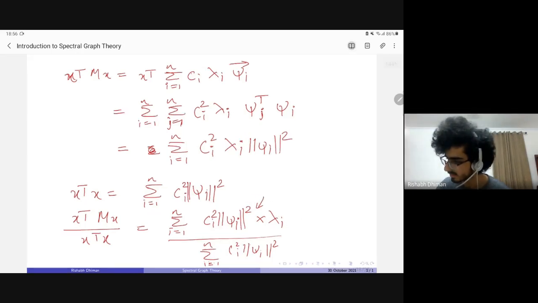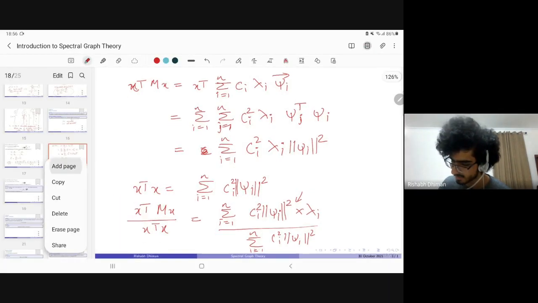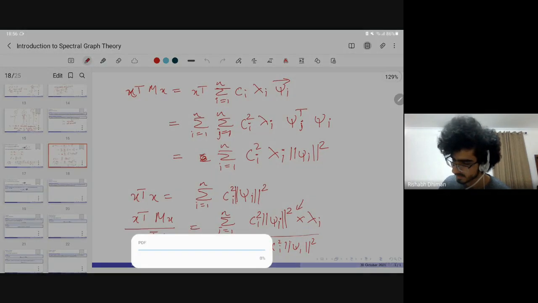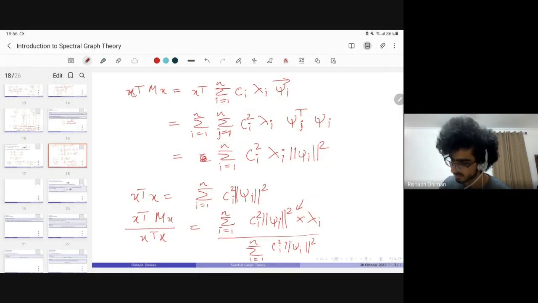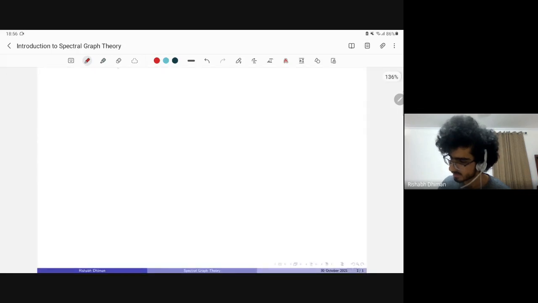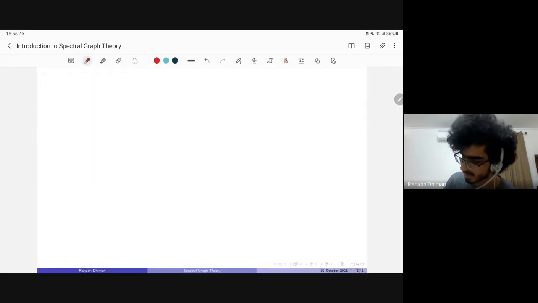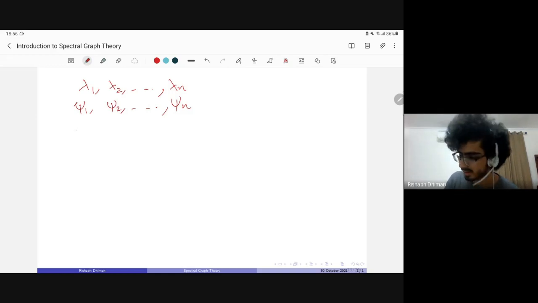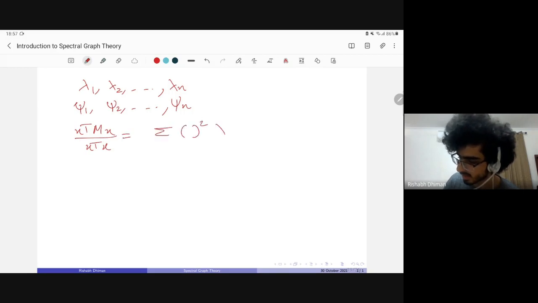So what I basically proved was, if you have eigenvalues lambda 1, lambda 2 up until lambda n, and the associated eigenvectors, then this sum will be the summation of something squared times lambda_i.